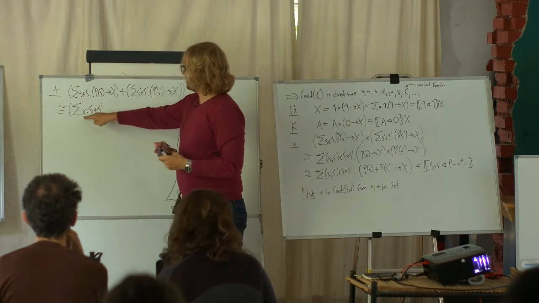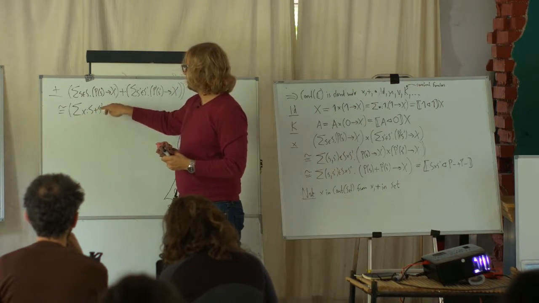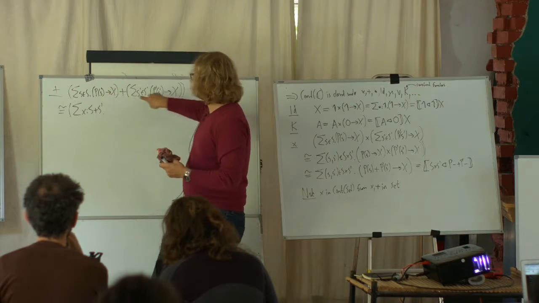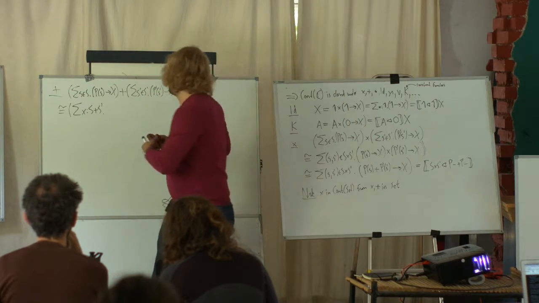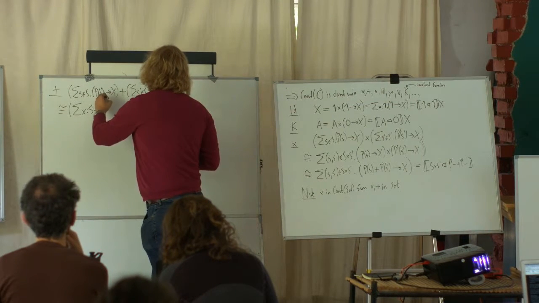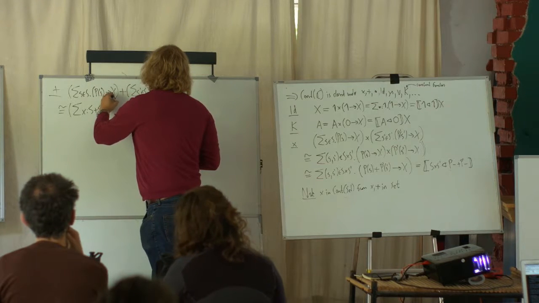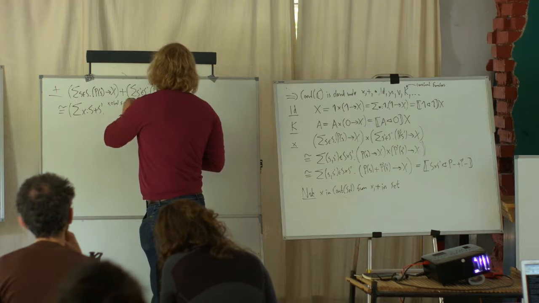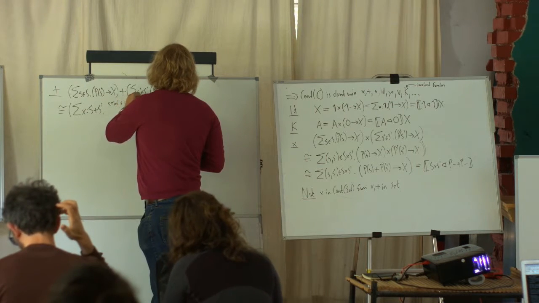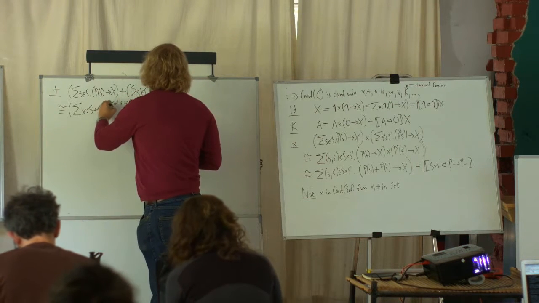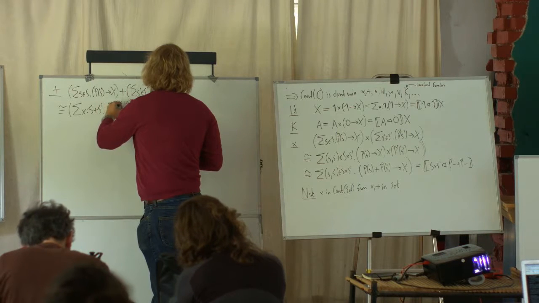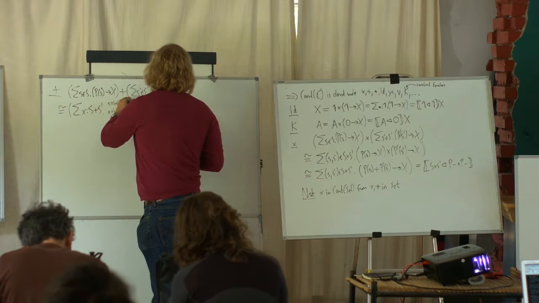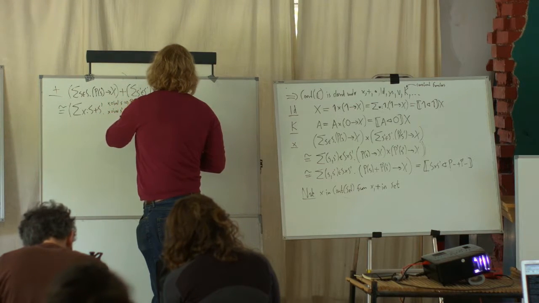And then, depending on which choice you made, you have to give a function like this or a function like this. If X is in left of S, then you have to give a function from P of S to X. And if X is in right of S prime, then you have to give a function from P prime of S prime into X.